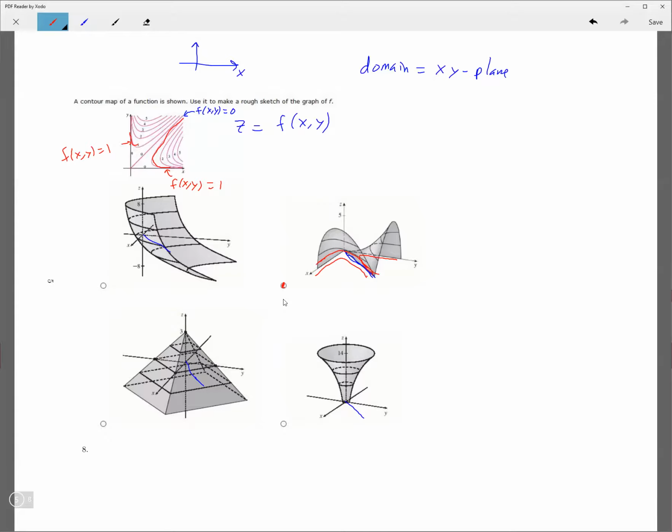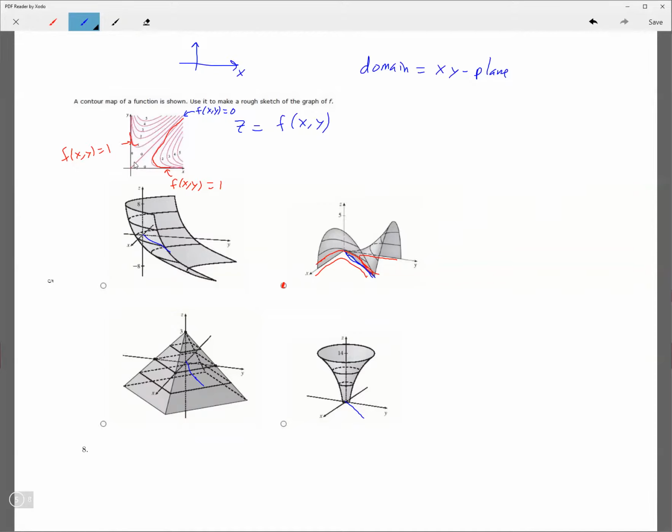Okay, so that's what contour maps are. If you're familiar with reading maps, you'll see contour lines, which tell you the elevation. And you can tell from this where the graph is really steep and where it's not so steep. For example, right here, where the contour lines are close together, the graph's really steep.